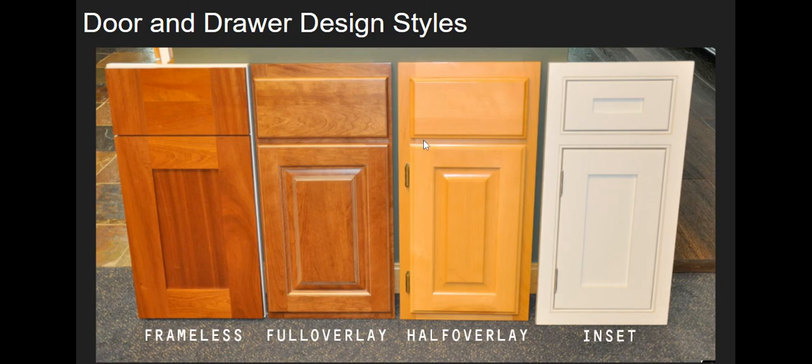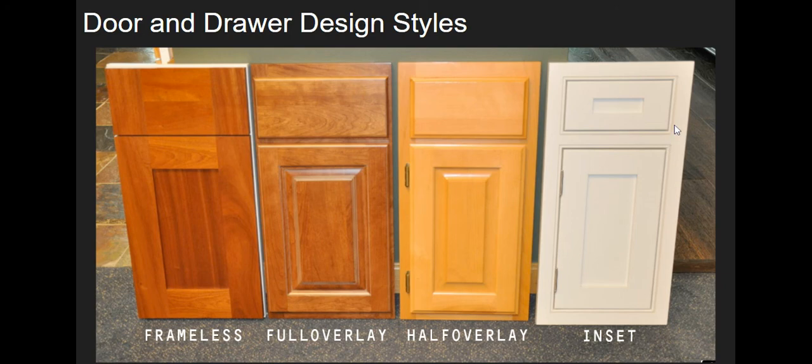But there's more of a reveal, or there's more space here that you can see the actual face frame. It's a little less here on this left cabinet, a little more of the space here on the right. So that's called a half overlay. But basically what I want you to notice there is that that door is sitting on top of the frame. The total difference here is this inset panel.